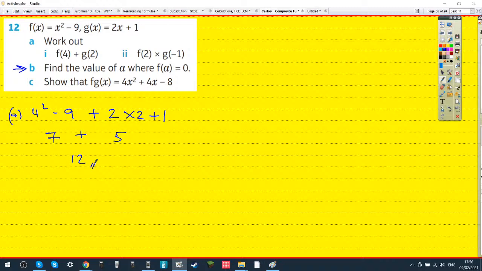No. A is like x is A. So the f of x is x squared minus 9. What is the f of A? F of A is A squared minus 9. And what else is it equal to? 0. And so solve for A.